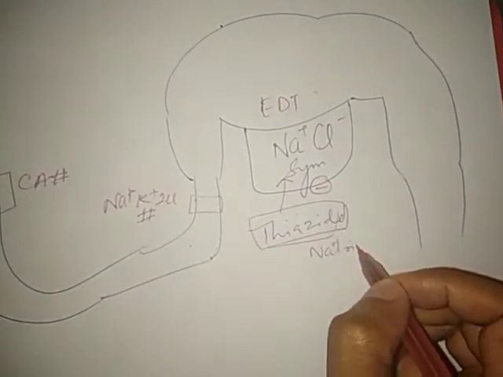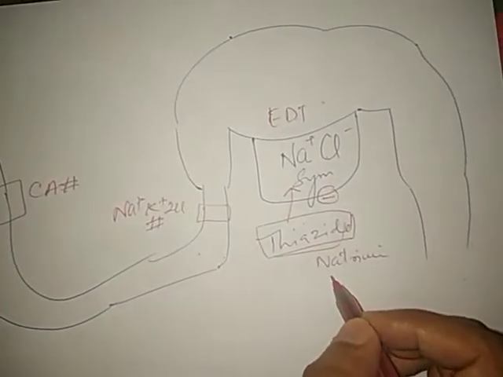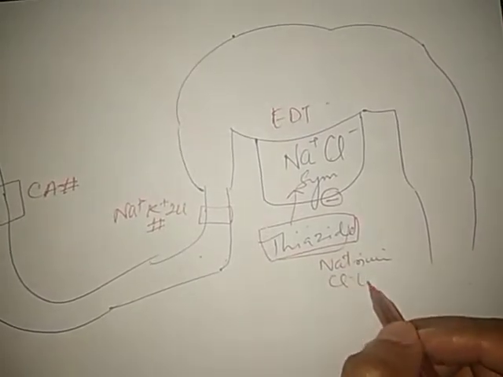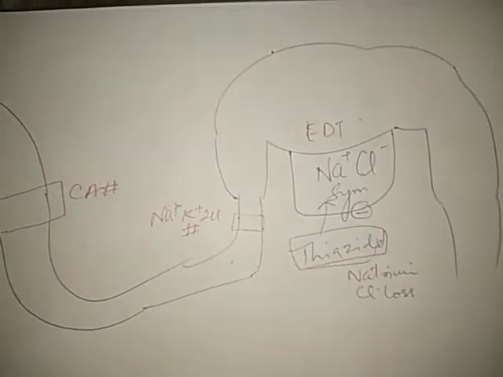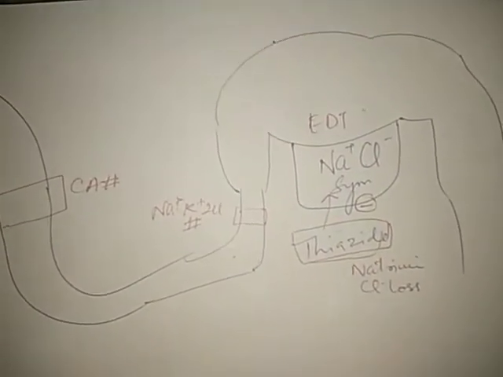natriuresis and kaliuresis. Also chloride loss will be there. So thiazide diuretics act by inhibiting this sodium chloride symporter.